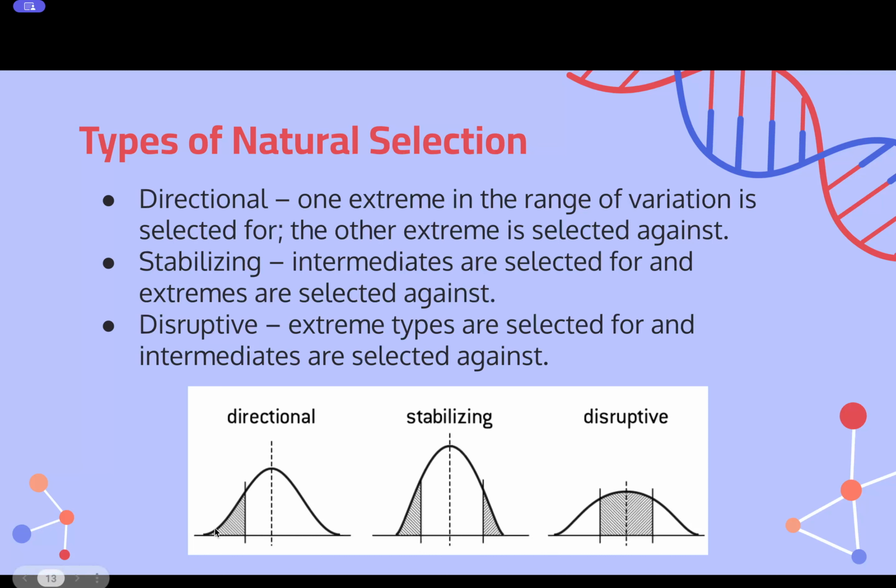Think of the shaded area as neglected or selected against, which means this specific extreme is favored. All of the white portion is accepted, but the shaded portion is selected against, which means you'll just naturally have more of this population and less of this population.